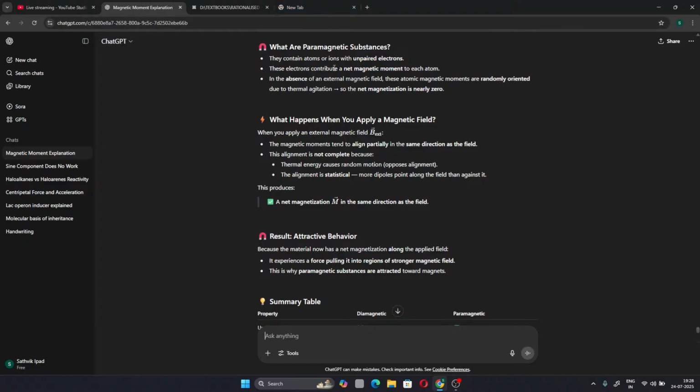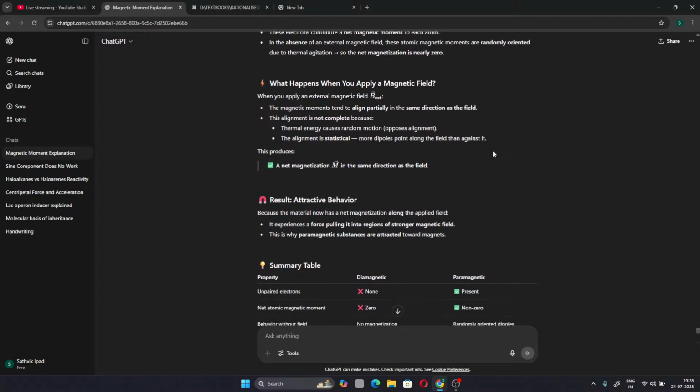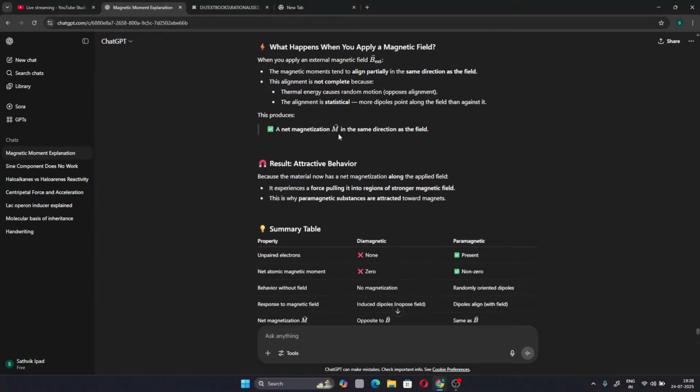What happens when you apply a magnetic field? When you apply an external magnetic field, the magnetic moments tend to align partially in the same direction as the field. This alignment is not complete because thermal energy causes random motion opposing alignment.